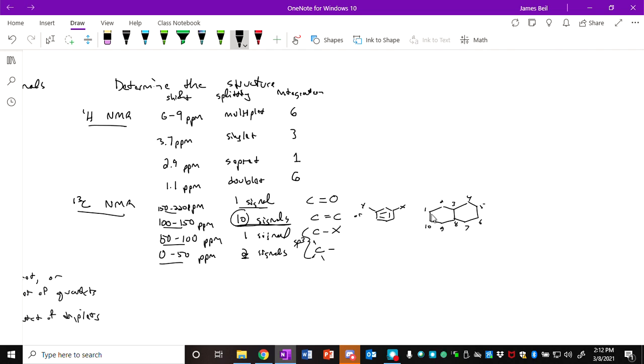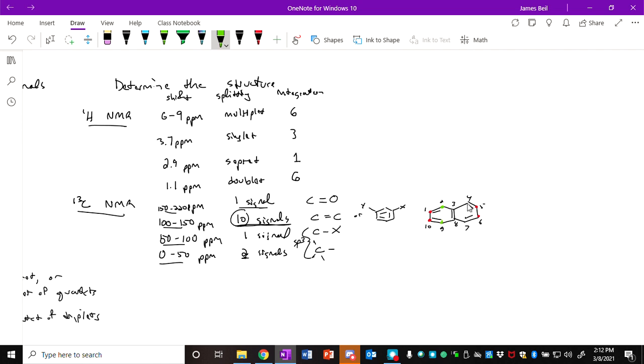That would give me 10 carbons as long as they're aromatic, fully conjugated all the way around, and as long as there was some asymmetry, right? This molecule right here has got symmetry. Because these 2 fused rings are equivalent, if there were nothing substituted on this system, then these outside carbons would all be equivalent.